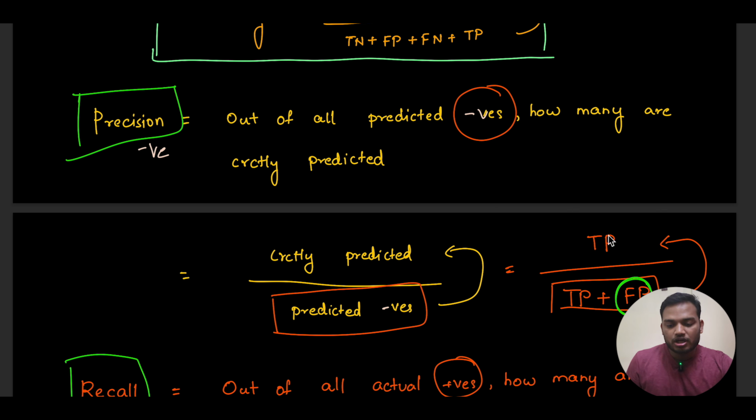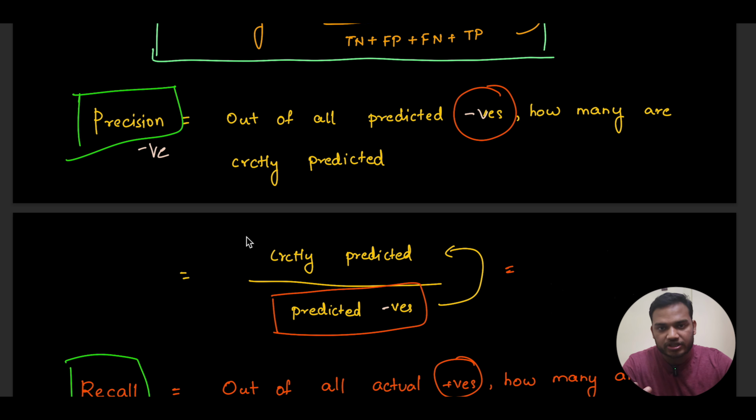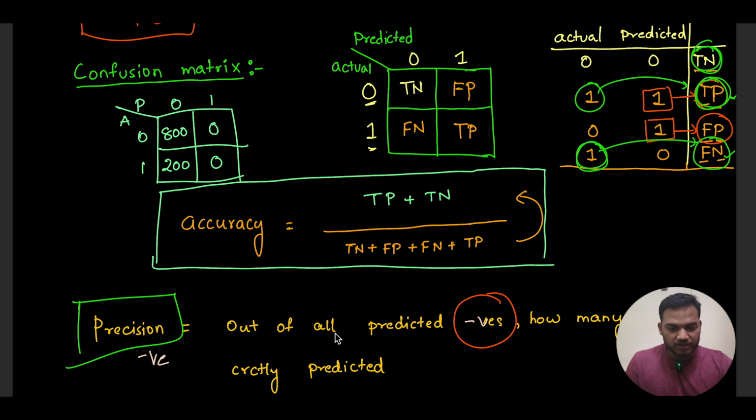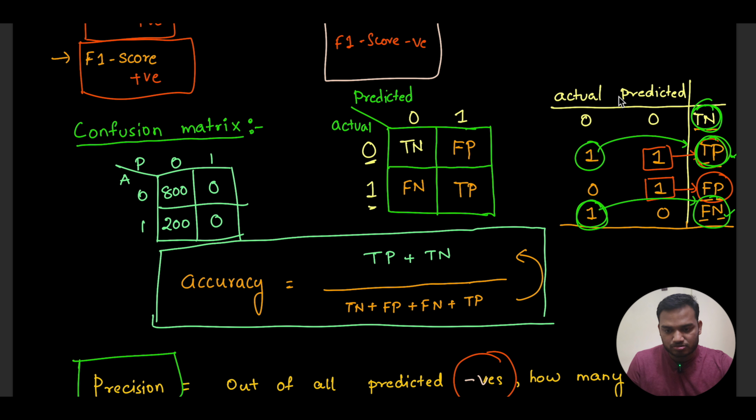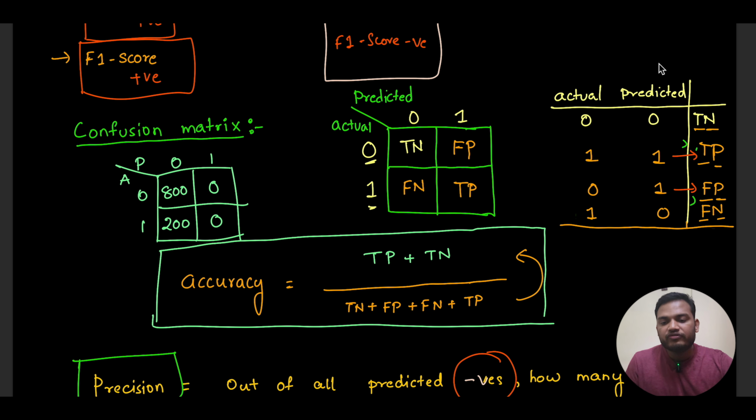Let's see how we get this formula. We know how we calculated predicted positives, right? In a similar fashion, let's write down the formula for predicted negatives. In the denominator we will have predicted negatives, which we can observe by checking this table. How can we get these predicted negatives? Wherever in the predicted column there is 0, those represent my predicted negatives, right?